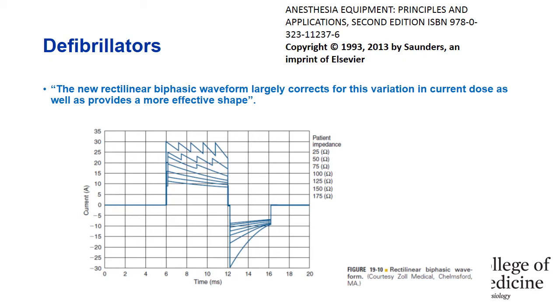Now if you believe the Zoll explanation for improved efficacy of the proprietary Zoll rectilinear biphasic waveform, you will therefore accept the concept that the dose of current rather than the peak current is the most influential variable. Also, there appears to be an optimum duration for the shock, and this appears to be in the order of 6 milliseconds.